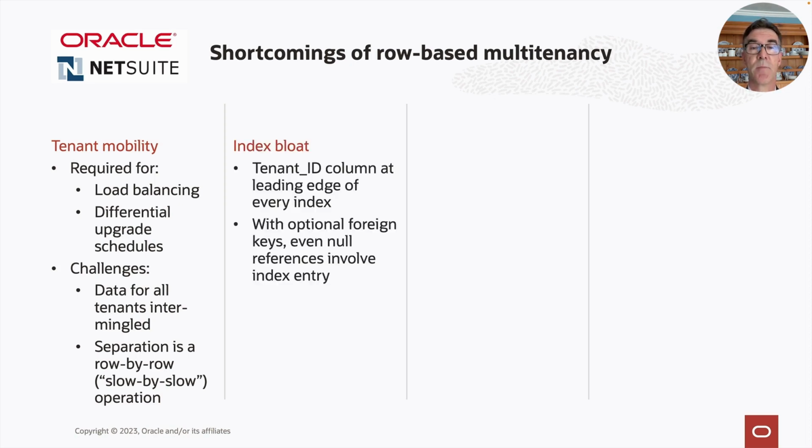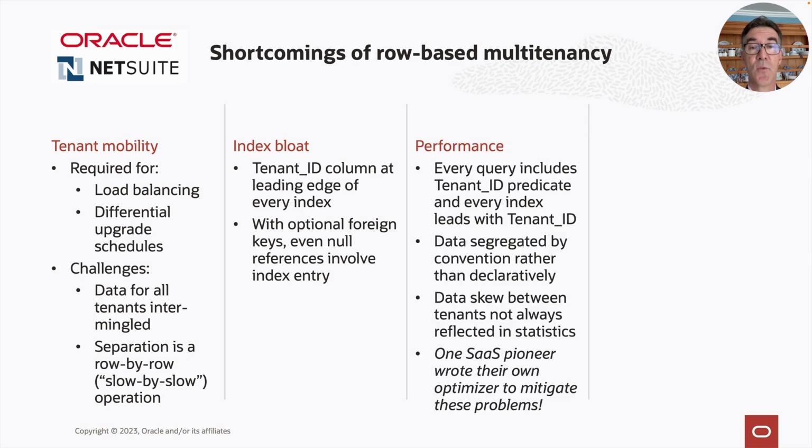Next is storage bloat, specifically with indexes. As we've just seen, the row-based tenancy model means that tenant ID is at the leading edge of every index. This means that, with optional foreign keys, even null references involved an index entry. Ouch. We can't overlook performance, of course. But here's the problem.